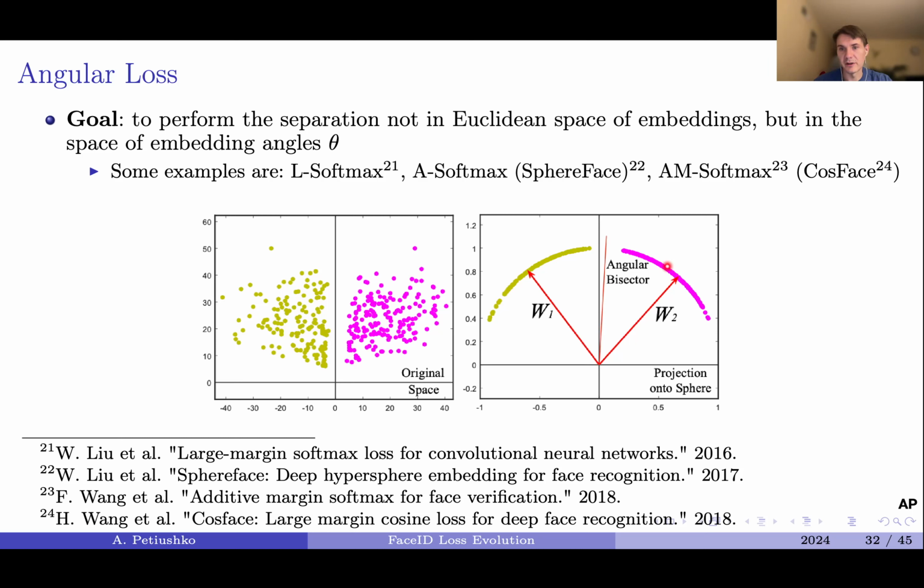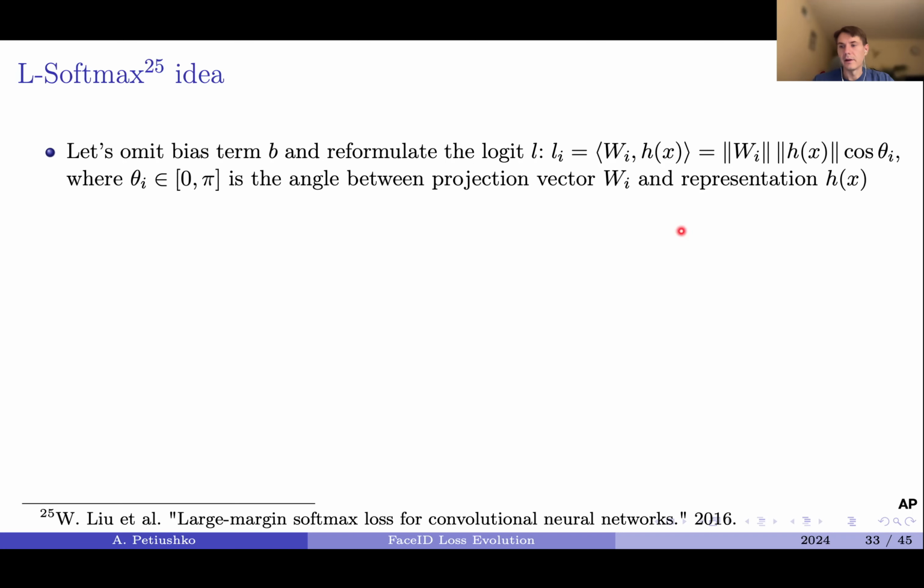We need here to project onto the sphere in order to use this angular separation. Okay, let's start with the L softmax idea. I would say L softmax is one of the most important papers because it provides a lot of insights that were used afterwards.